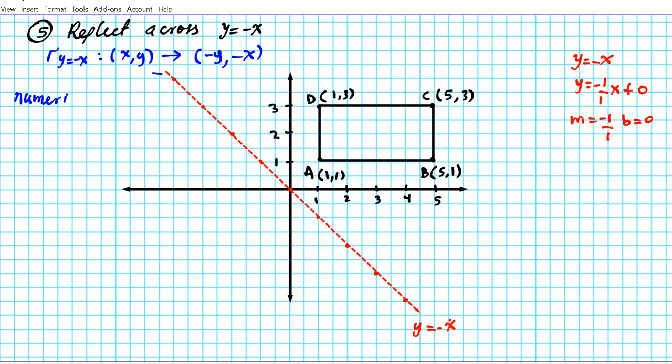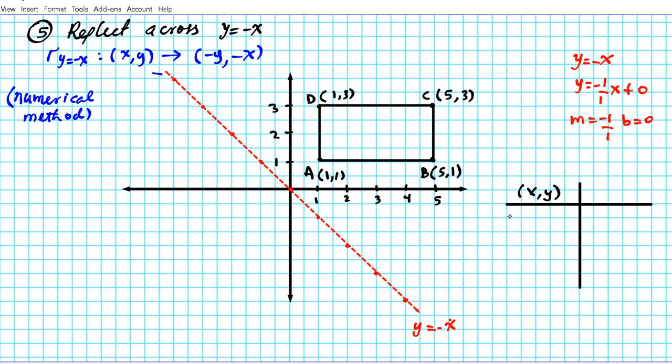We're going to use the numerical method here because we're dealing with a slanted line. We're just going to create a table of coordinates, apply the formula, and then use those points to generate our image. I'm going to put the table to the right because I see my reflection landing in quadrant 3. So let's list our coordinate pairs, x, y.